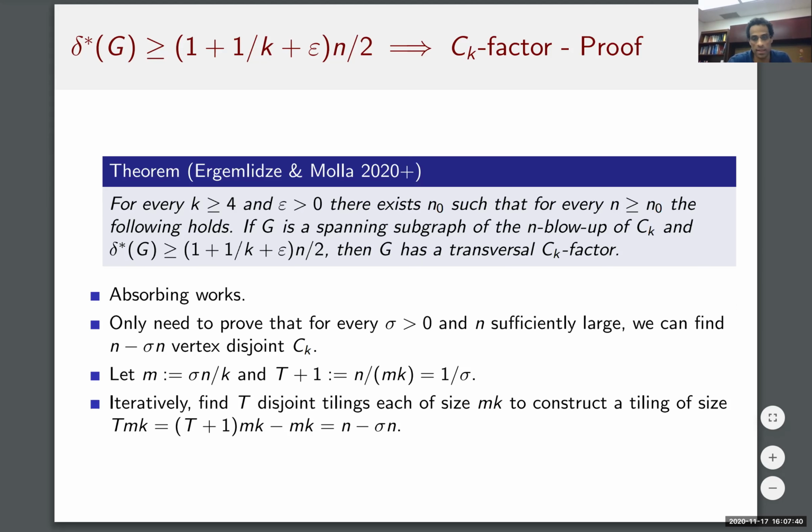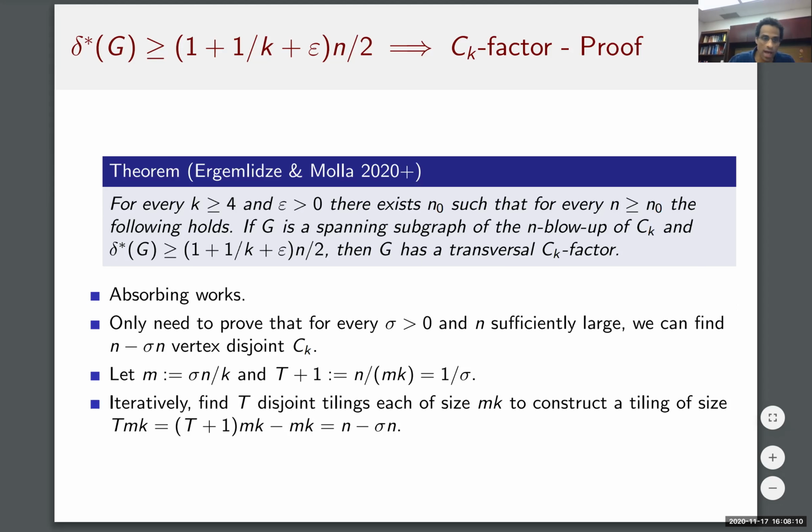So we're going to find mk vertex disjoint C_k's, and these won't overlap with the ones we found in previous steps. So in the end, how many will I have? I'll have t times mk vertex disjoint C_k's. And t plus 1 times mk was n, so I'm only missing mk of them. It works out to be n minus sigma times n, and the rest will then be absorbed.